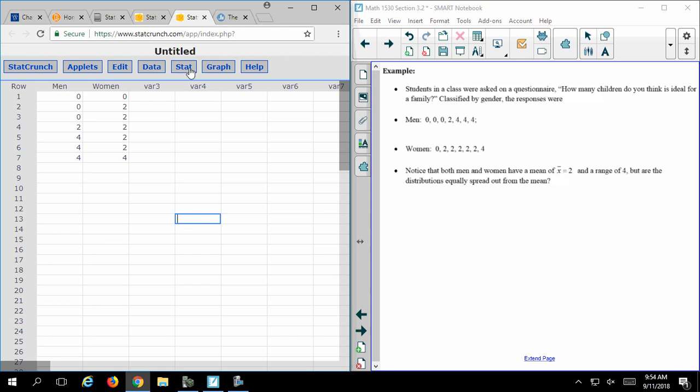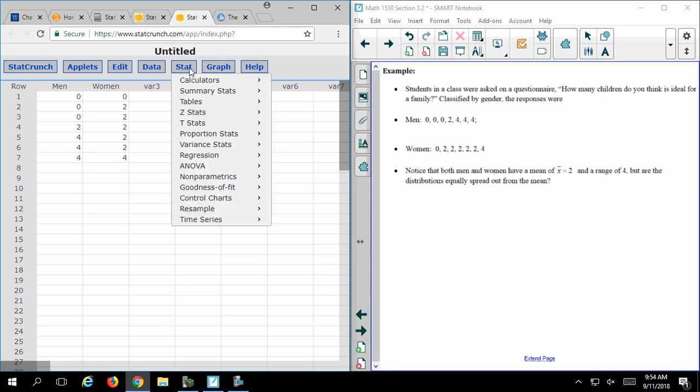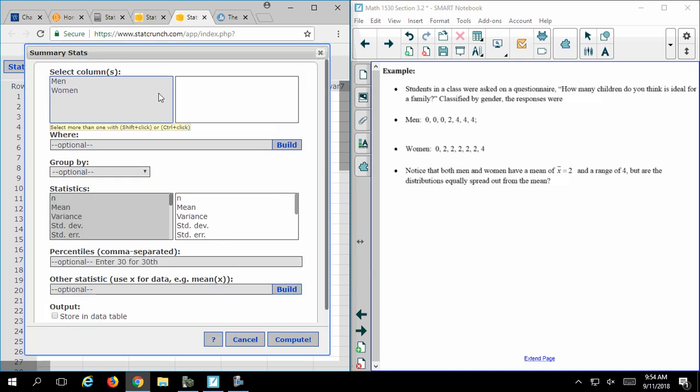So we're going to go back to Stat, Summary Stats. This is what you use to find the mean and median last class, right? Summary Stats, Columns. You pick the column, and you can actually pick both of these. The way to pick a second one is to hold down Control on your keyboard and then click on the women as well.